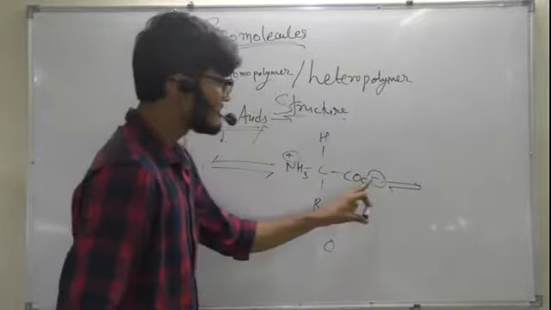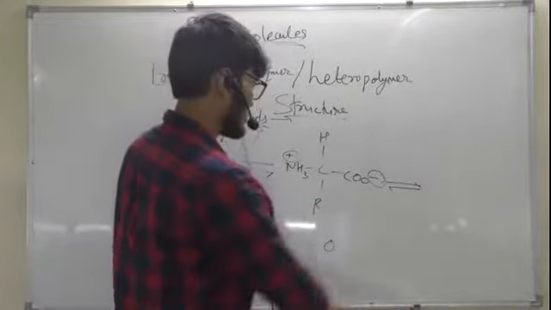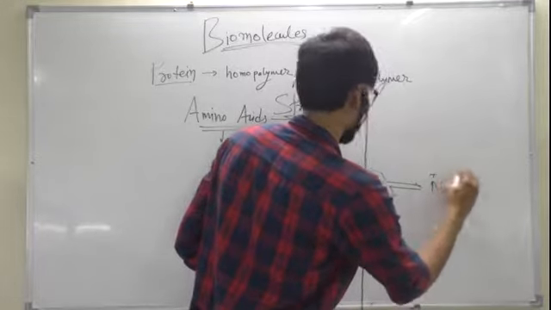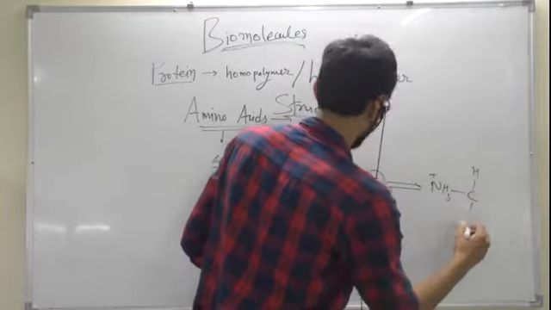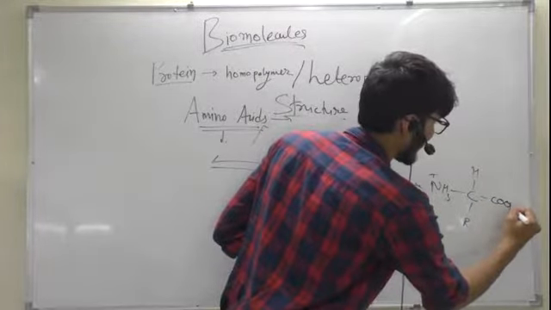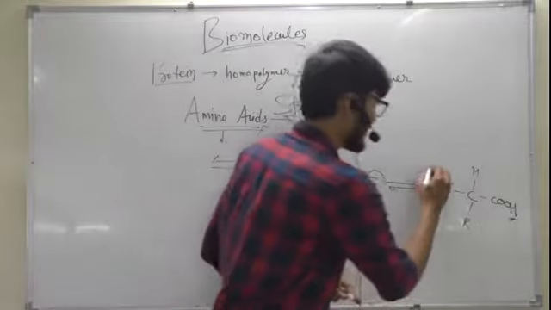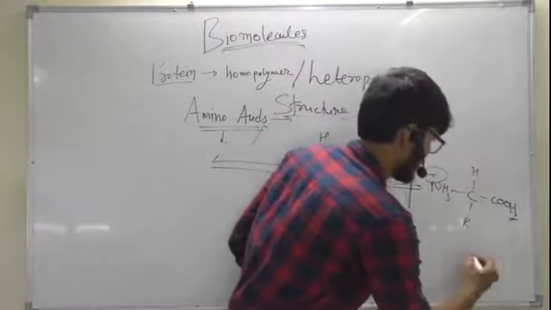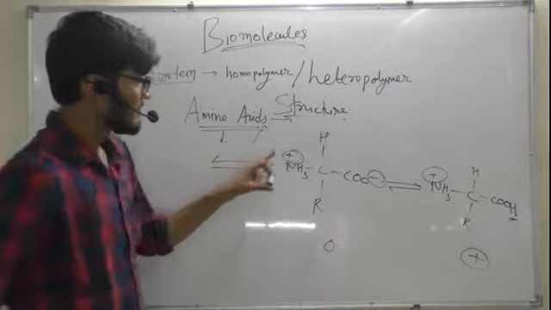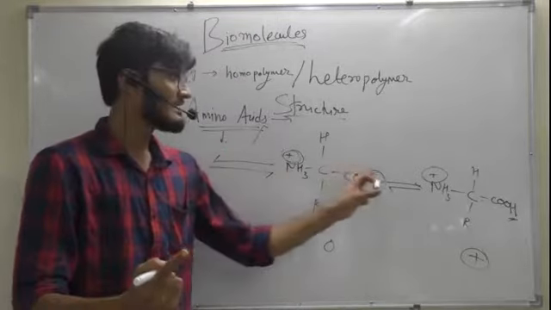If this COO group is occupied by one hydrogen atom, you will see there will be C, one amino group, one hydrogen atom, one R moiety. So now this COO will be occupied by this H. So this amino acid form has a net positive charge. And when this amino group loses one hydrogen atom, it will have a net negative charge.